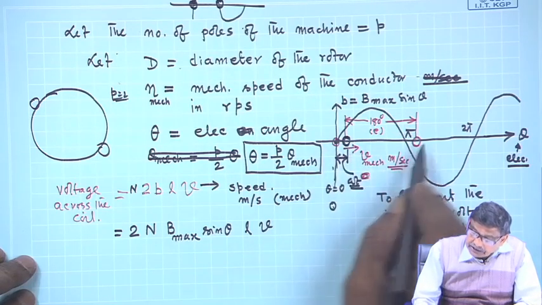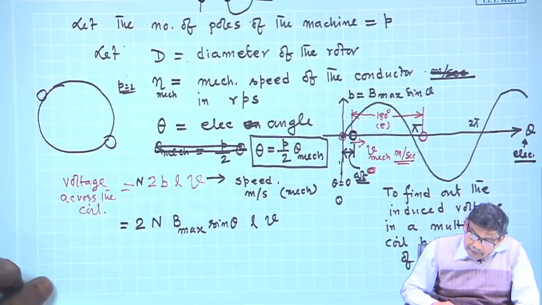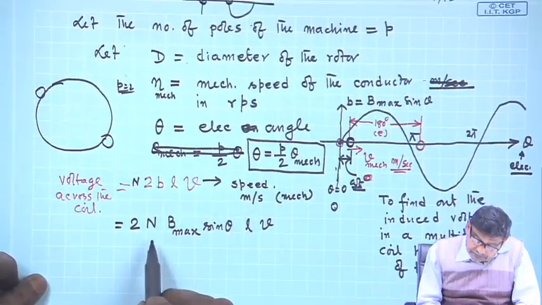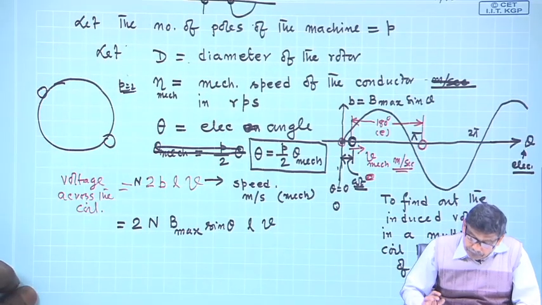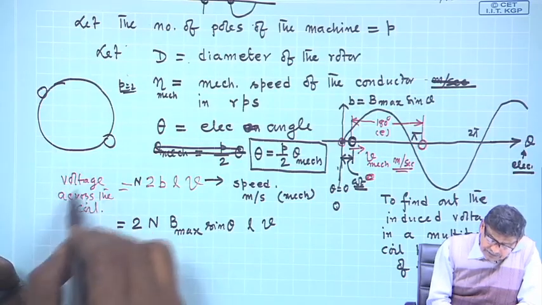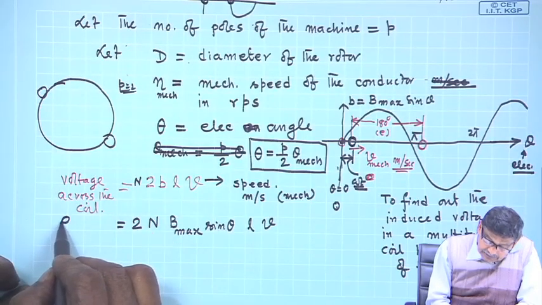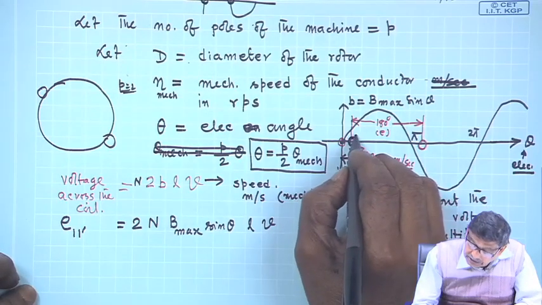And in this position, I want to find out what is the induced voltage in the coil. So, I have taken the things correctly, no problem. Now, what I am going to do, let me indicate it. This coil, let us indicate it by E 1 dashed.